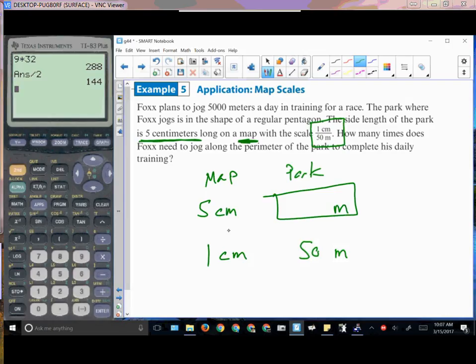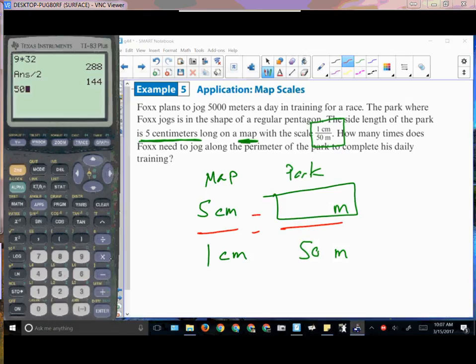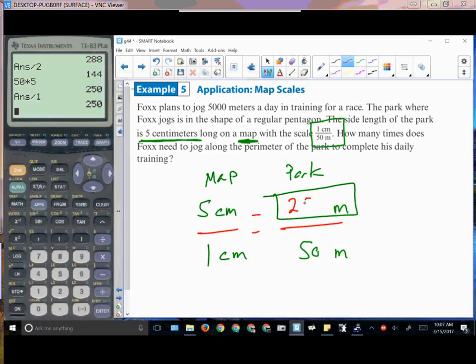Because the map is centimeters to centimeters, this has to be meters to meters, correct? These have to match, those have to match. Doesn't matter if you're going from centimeters to meters or meters to centimeters. So I set this up, and basically that means it's going to be 50 multiplied by 5 divided by 1, 250. So the park would be 250 meters.